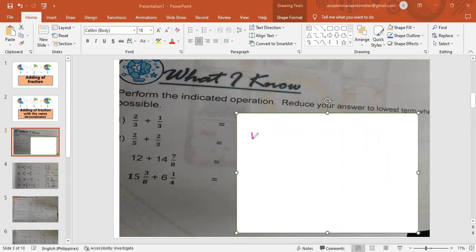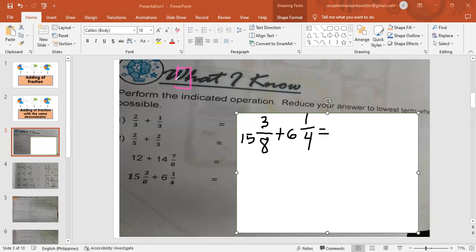We have 15, right? And then 3 over 8 plus 6 and 1/4. Okay, that one. So, how are we going to show that in our illustration?